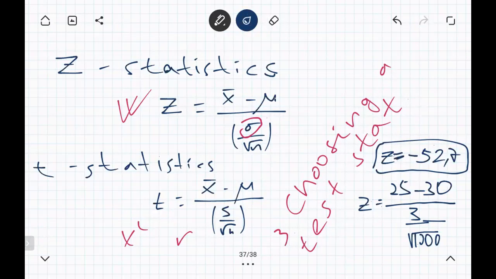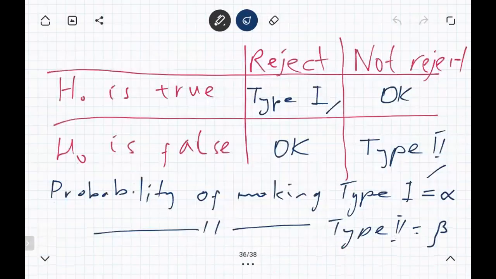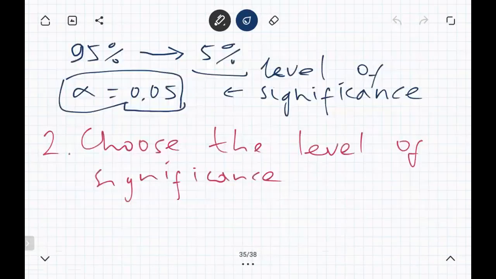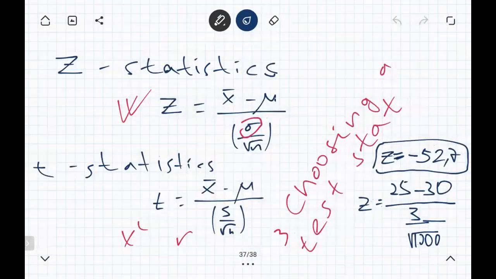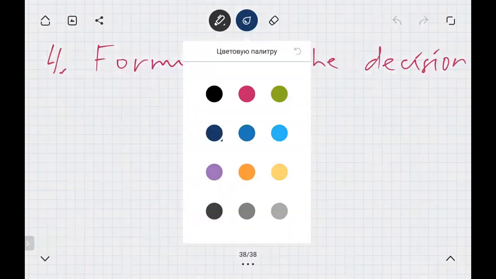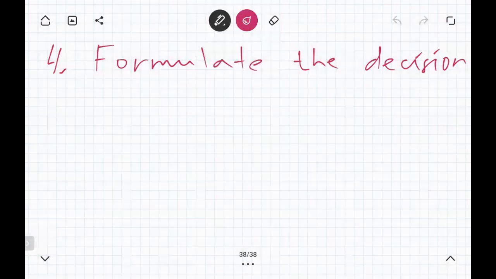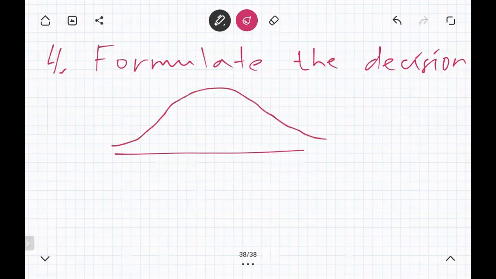Okay, now we need to know how do we use it to decide if we reject or not reject the null hypothesis. So now we came back, we see that we chose a level of significance of 5%, and it means that we need a level of confidence 95%. Now, let me again redraw the graph.